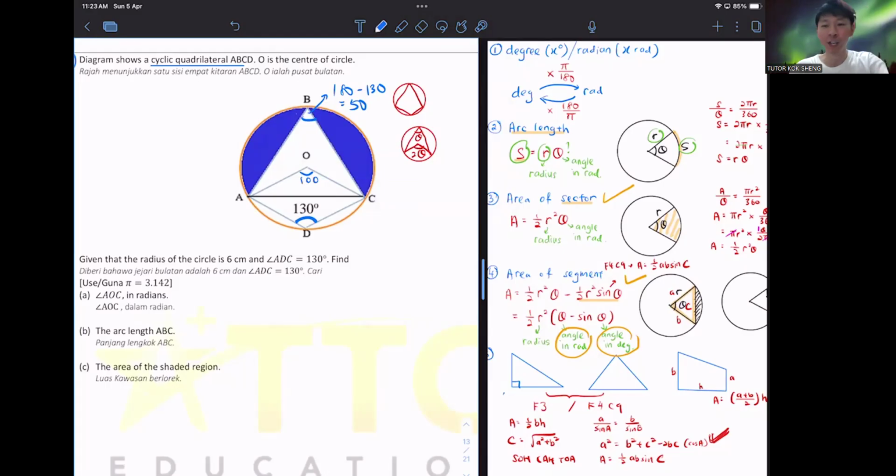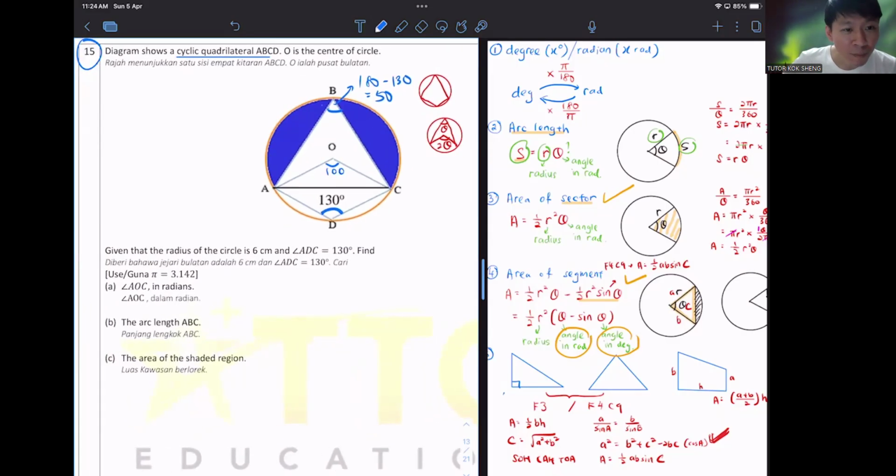Long time no see. Sometimes you get confused in the circle chapter because of form 3 circle; maybe you forgot that part. So that's all: cyclic quadrilateral, 50 degree, 100 degree, and the picture is settled.